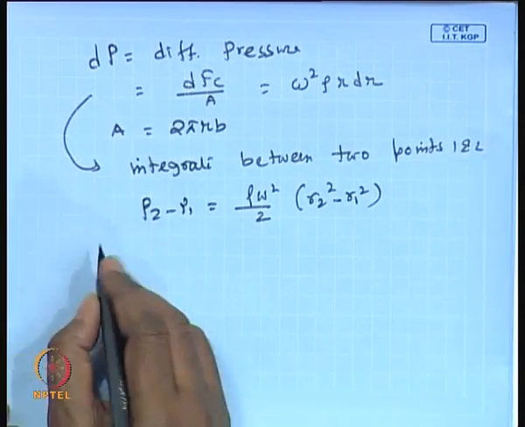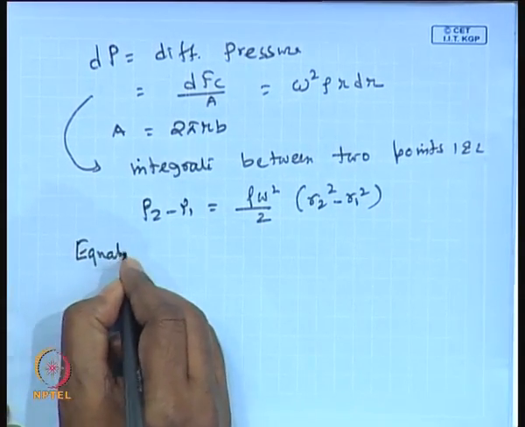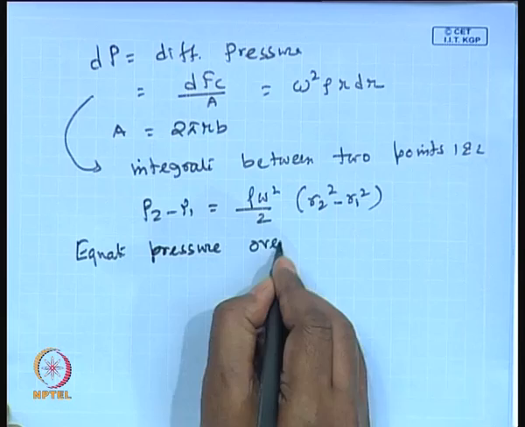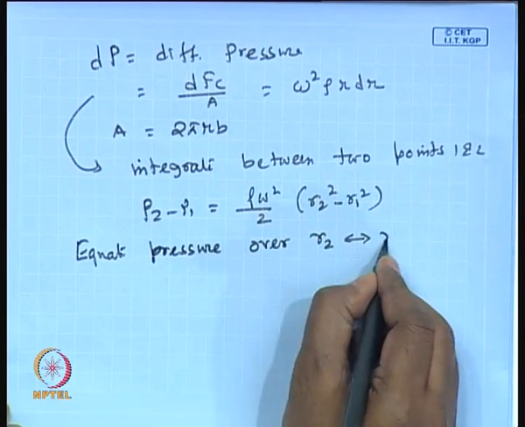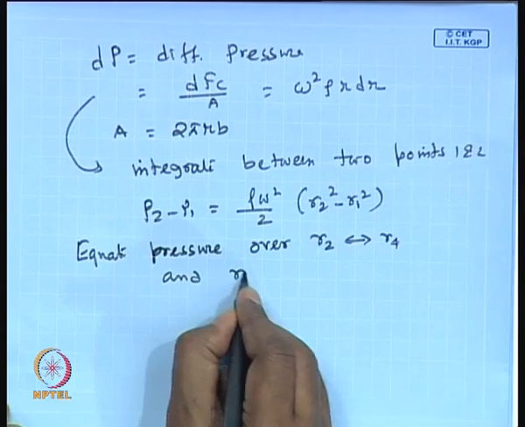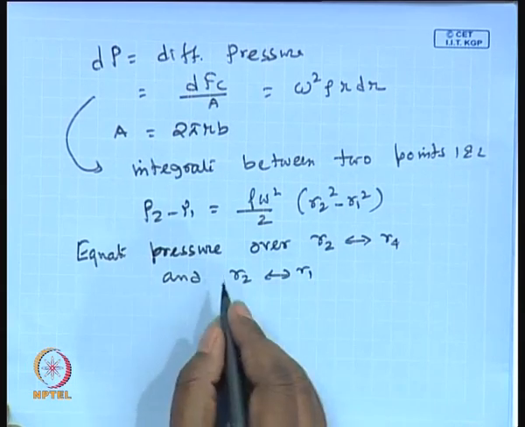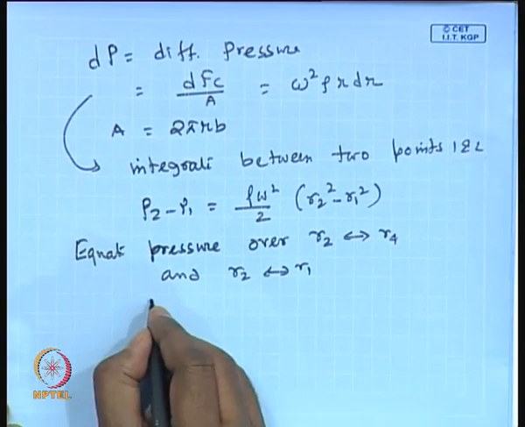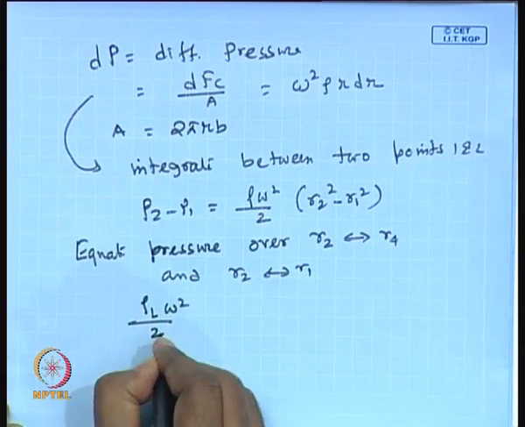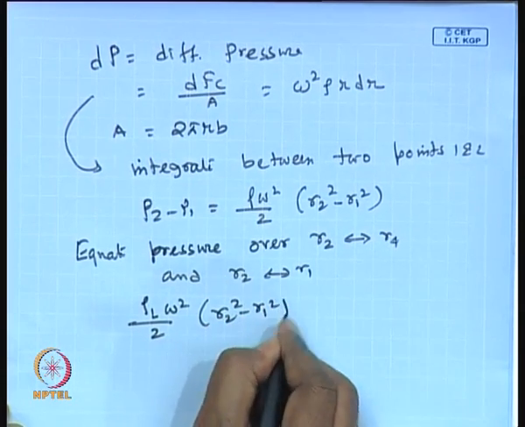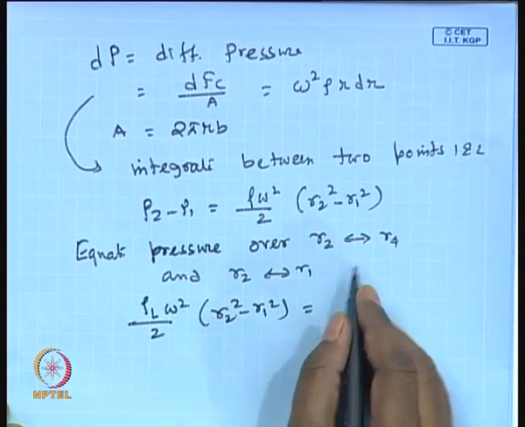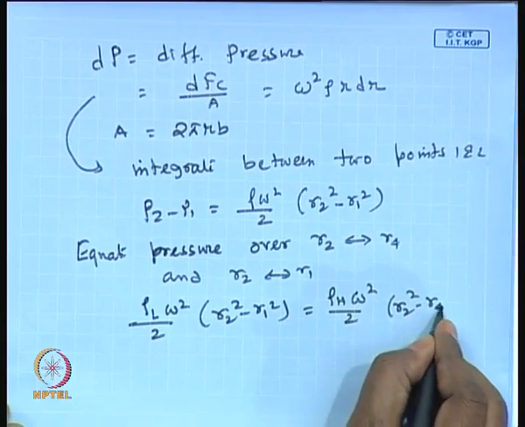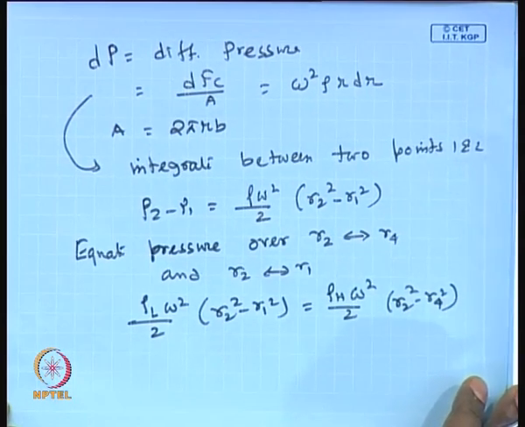So, now you can equate pressure on two sides, equate pressure over R2 to R4 and R2 to R1. If you equate these pressures, then you can get the location of the interface: rho L omega square by 2 times R2 square minus R1 square, between R1 and R2 it was the lighter liquid, is equal to rho H omega square by 2 times R2 square minus R4 square. Between R2 and R4 it is only the heavier liquid.